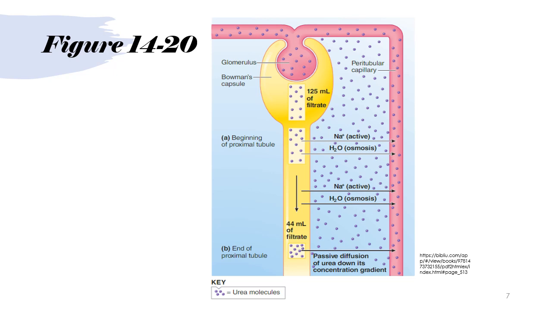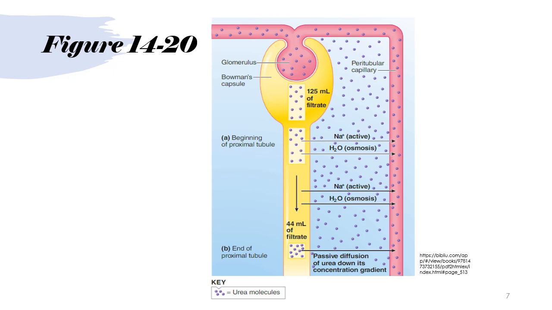And this means 65% of the water in the original filtrate, or 81 milliliters per minute, has been reabsorbed. Substances that have been filtered but not reabsorbed become progressively more concentrated in the tubular fluid as water is reabsorbed while they are left behind. Urea is one such substance in this case.